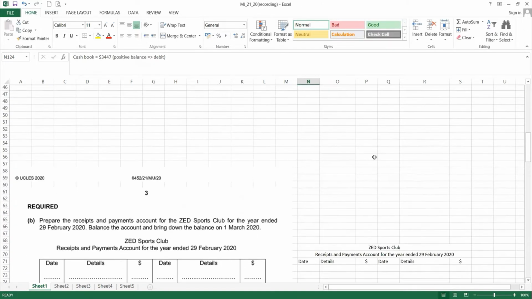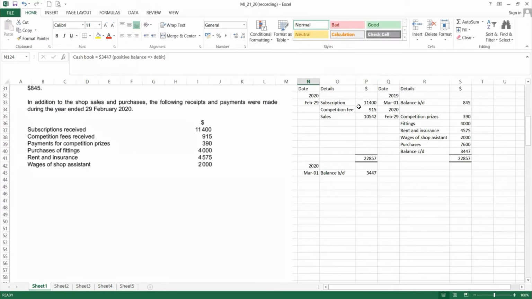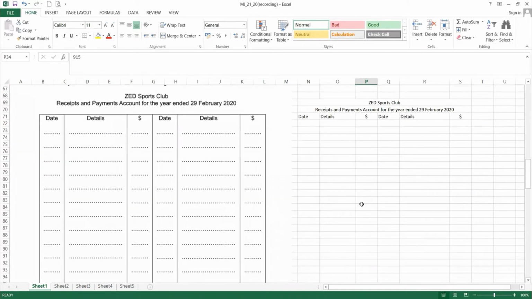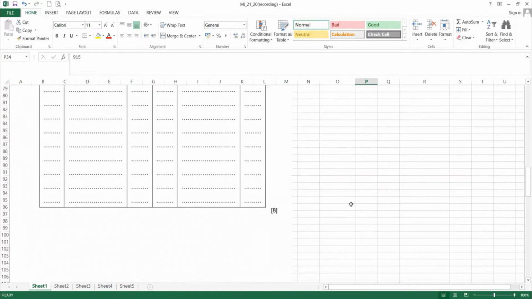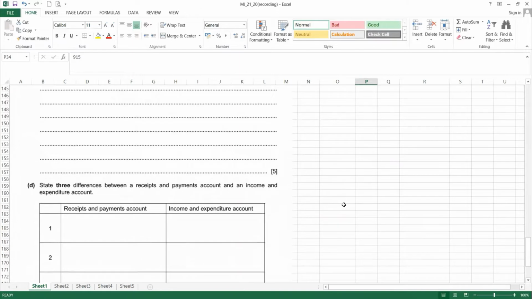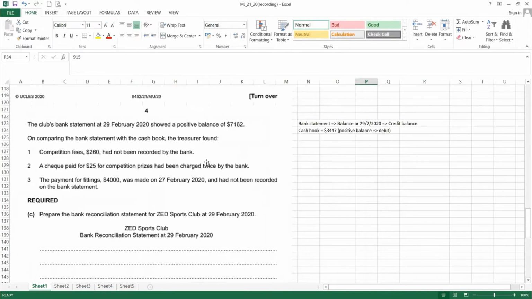In our account, competition fee is an income. Out of this amount, they have 260. 260 has not been recorded by the bank. In the bank reconciliation, we call this an uncredited amount. So take note, this is an uncredited amount.